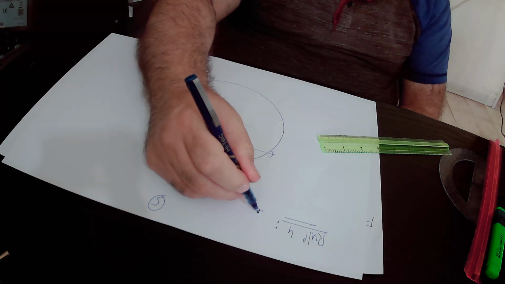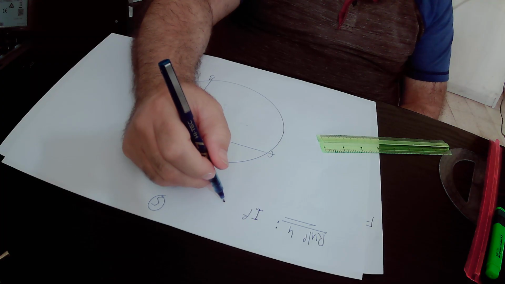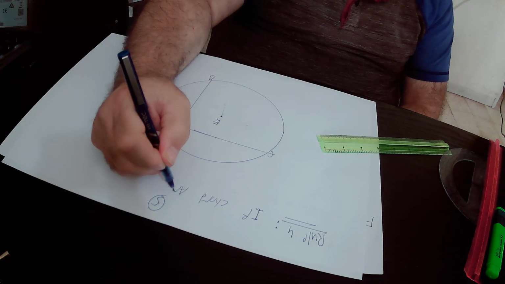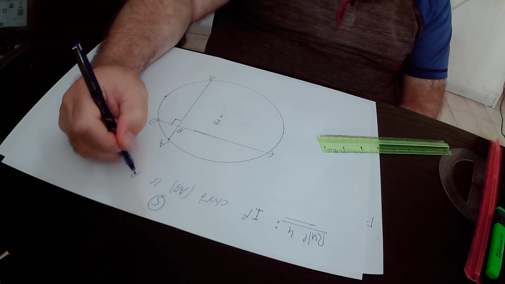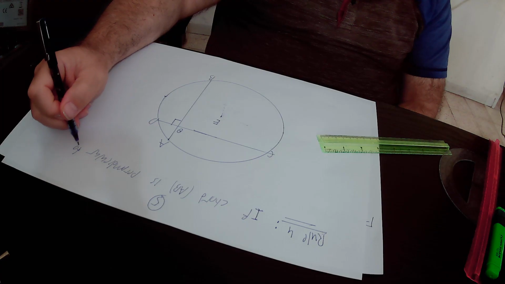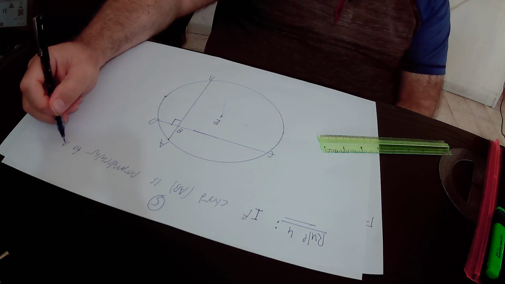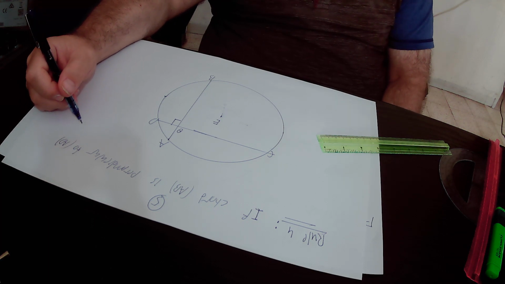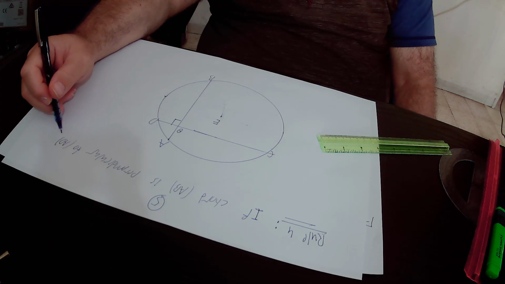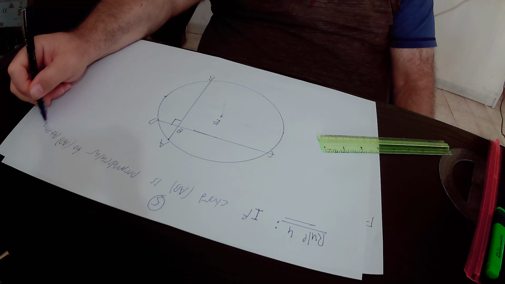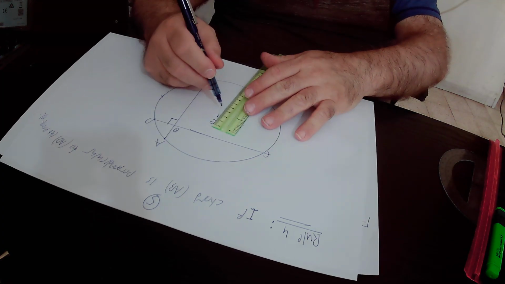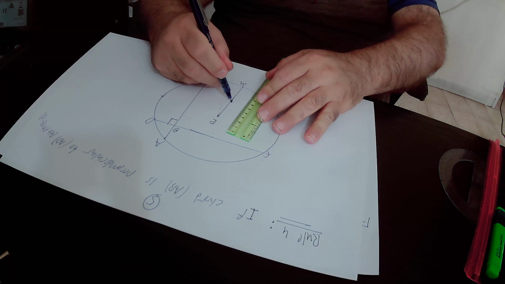So, according to rule number 4, chord AB is perpendicular to chord CD. They are perpendicular to each other at the intersection point that we defined as point O. We define the radius of this circle as capital R. Here EM equals capital R according to our definition.